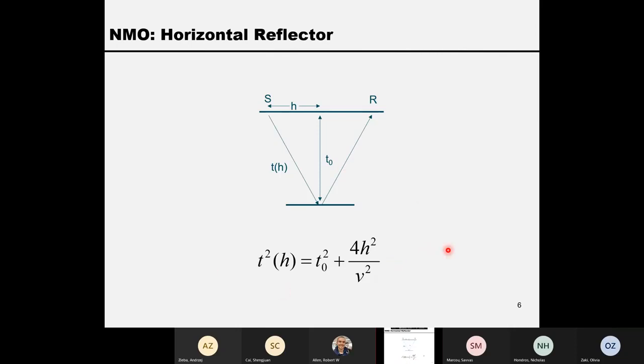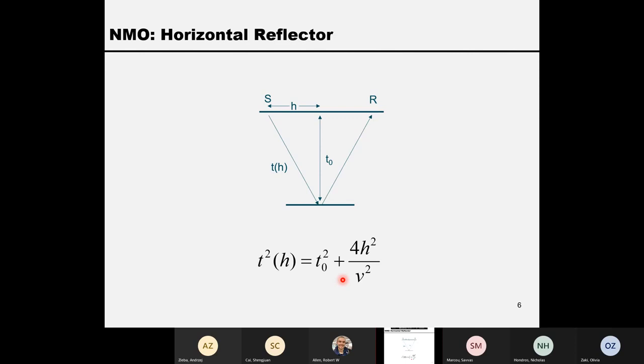This equation is called the hyperbolic equation because all the 3 terms are squared, and on the right-hand side, these 2 terms are both positive. That's the hyperbolic equation.